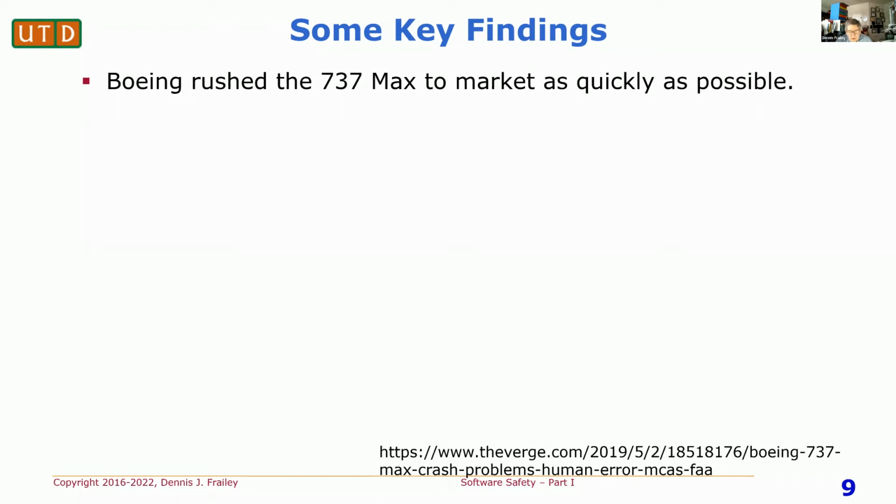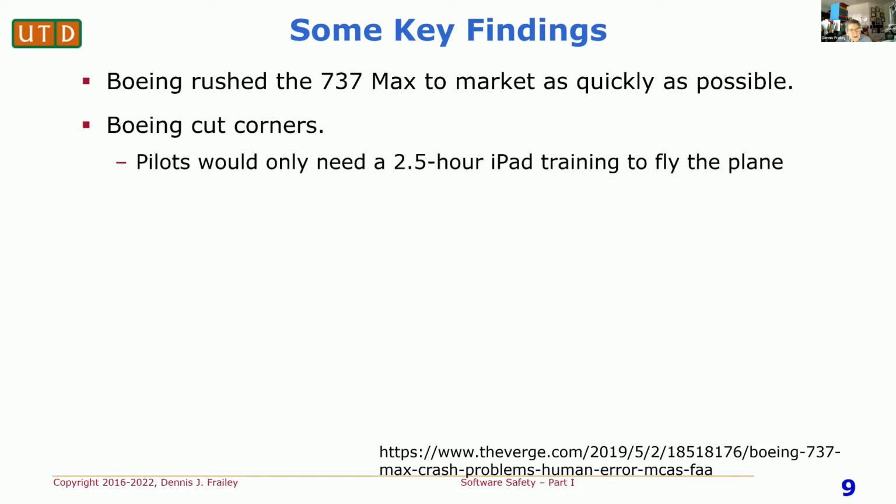And if you've ever worked for a real company writing software, or even as a student writing a program that's due tomorrow or something, you need to allow yourself enough time to not have this problem. Boeing cut a lot of corners.